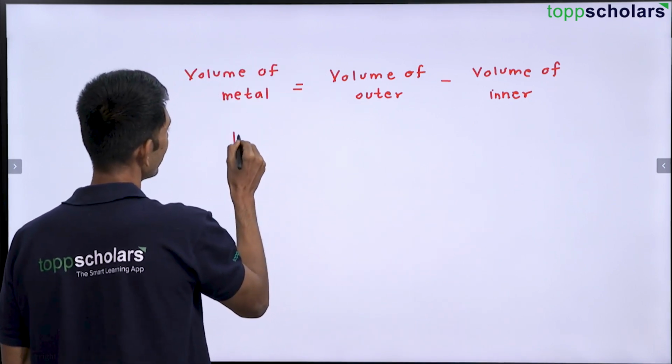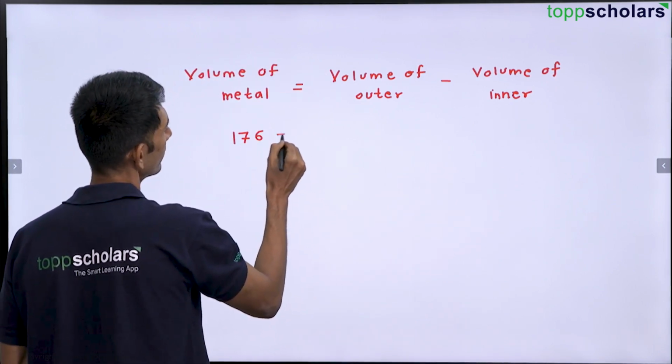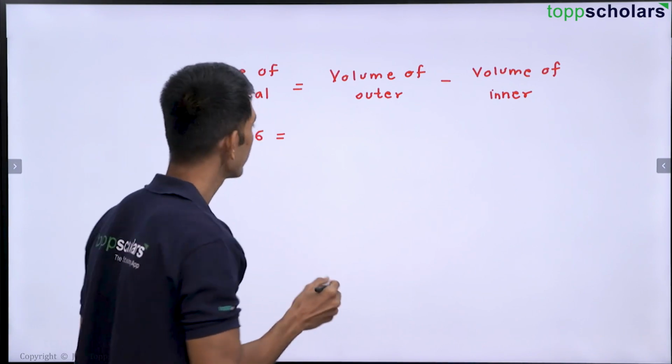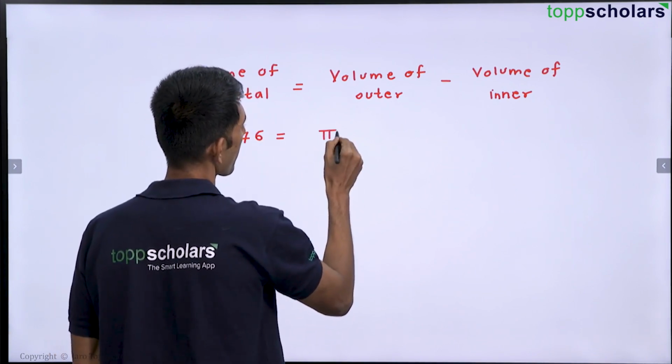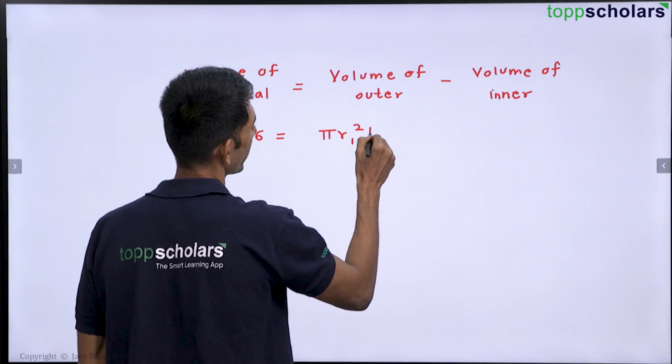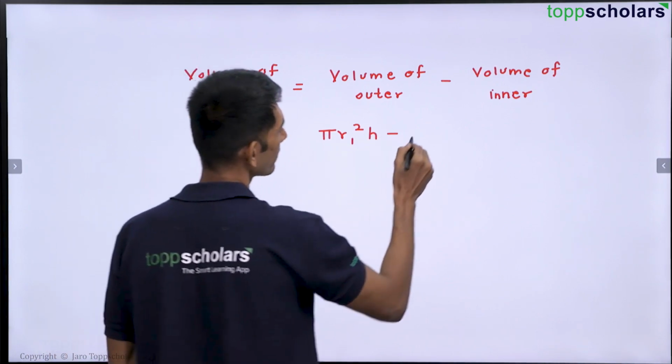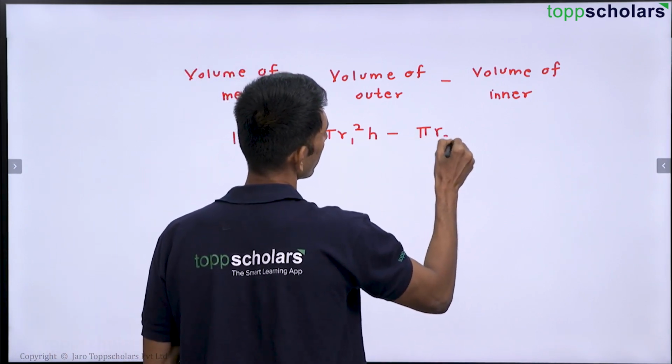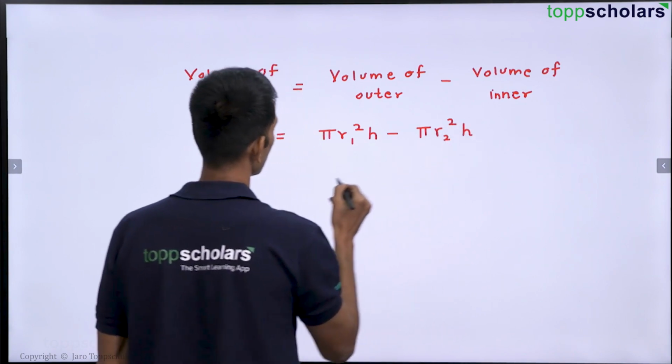So that is 176 is equal to, what is the volume of the outer cylinder? That is pi R1 square H, minus volume of the inner cylinder, pi R2 square H, right?